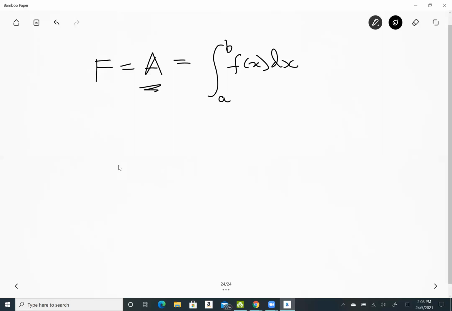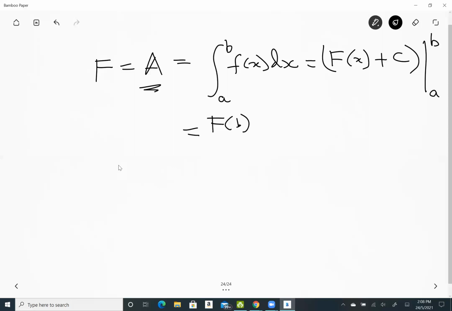You write a at the bottom and b on the top. That is equal to the regular integration, so the integral is F of x plus c, evaluated over a, b. So we are going to evaluate the integral at b, plus c, minus the value of the integral evaluated at a.